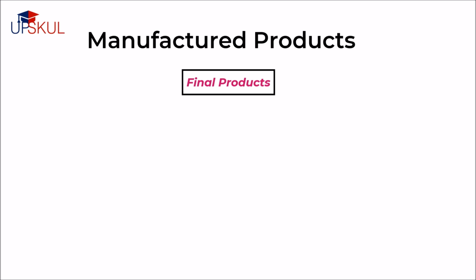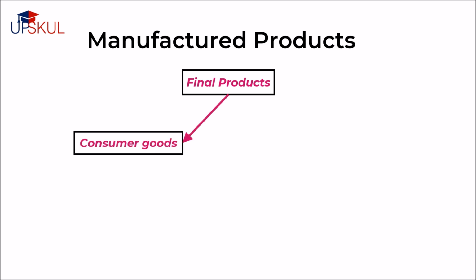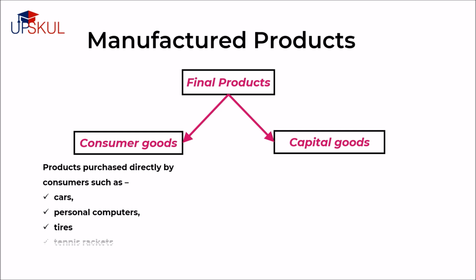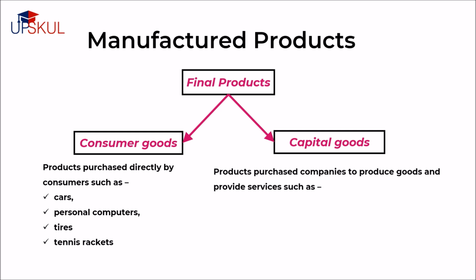Final products made by the manufacturing industries can be divided into two major classes: consumer goods and capital goods. Consumer goods are products purchased directly by customers, such as cars, personal computers, tires, tennis rackets, etc. But capital goods are those purchased by companies to produce goods and services.